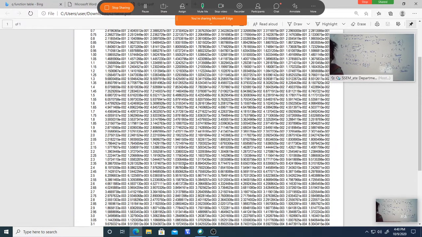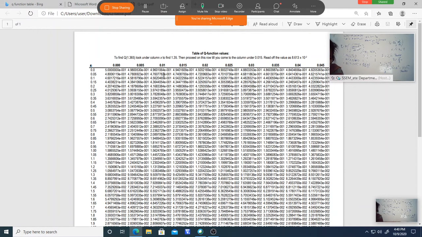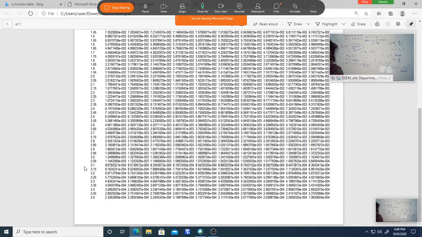So you can come to this column, then scroll down and map it here. You will see a value of 7.88 into 10 raised to minus 4 as the probability of error.